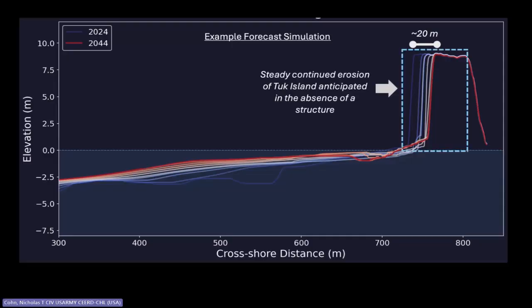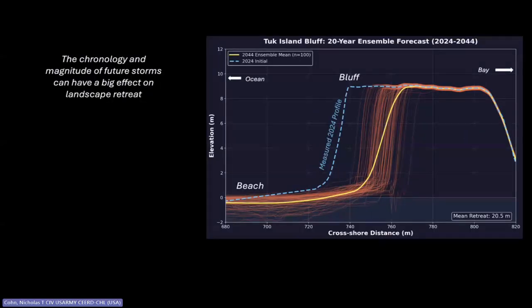We're going to zoom into this area, and if we run, I forget how many cases this was, 20 or 50 or 100, all of these orange lines show potential future responses depending on the stochasticity of the future environmental conditions. The yellow line is the mean of all of those potential profiles.